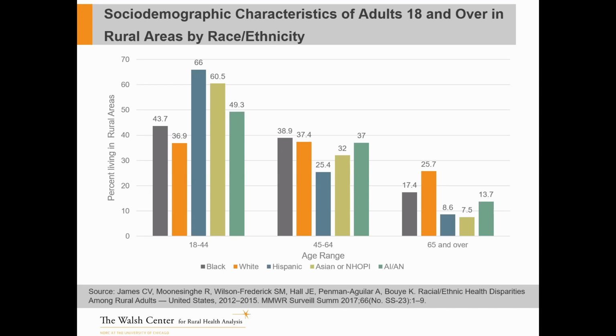But when you look at our young adults in our country, the highest proportions are Hispanic, Asian, and American Indian. And over these last 20 years, the greatest growth in racial and ethnic representation in rural communities has been among the Hispanic and American Indian and Alaska Native populations.